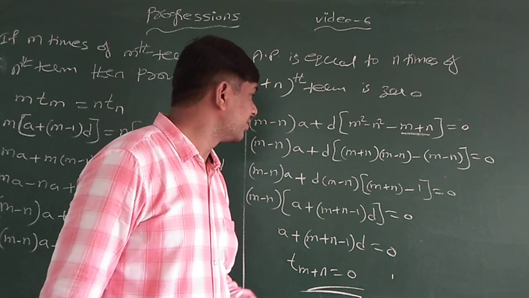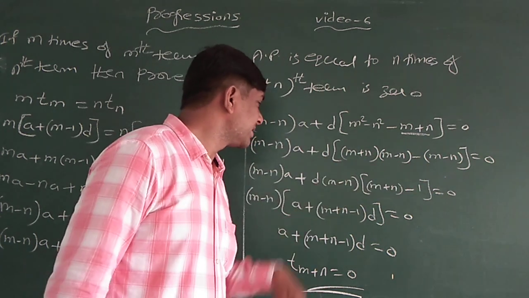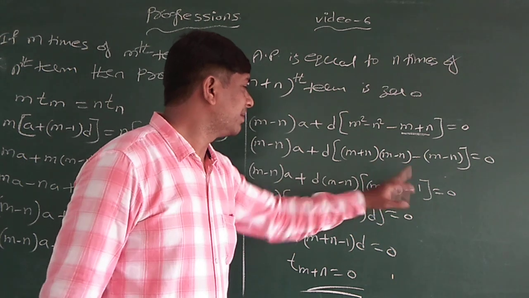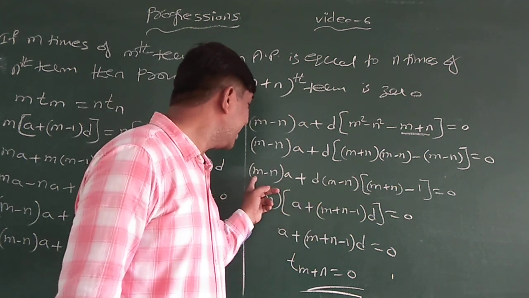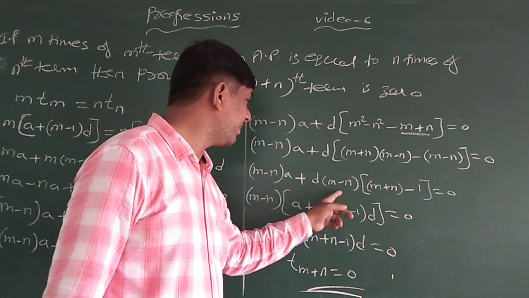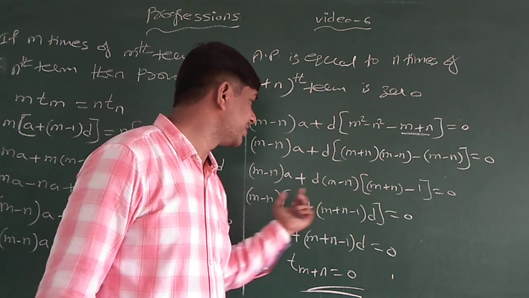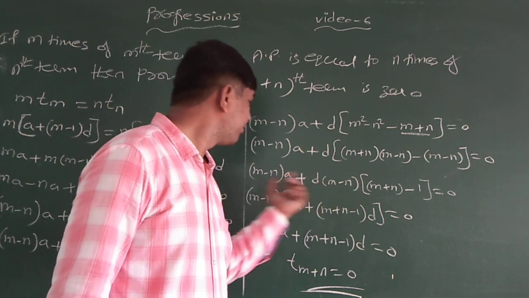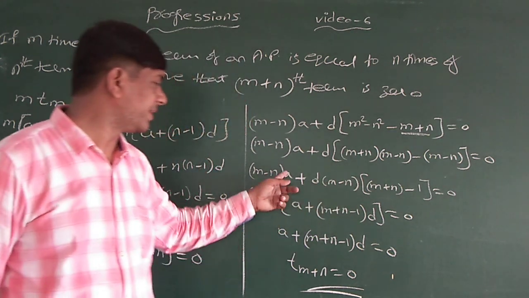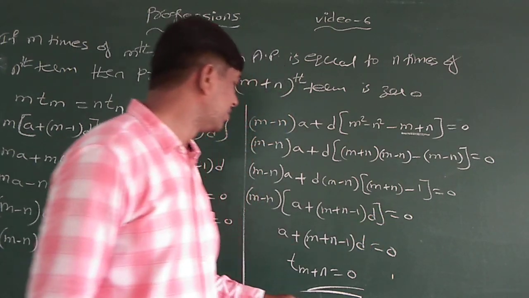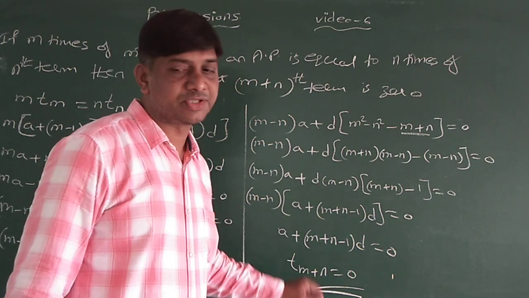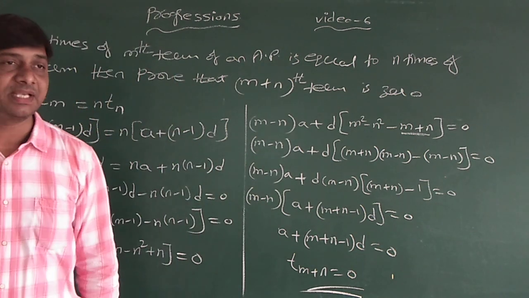From these two terms, if I take m minus n common, m plus n minus 1 is equal to 0. Now from these two terms m minus n I take common: a plus m plus n minus 1 into d is equal to 0. m plus n minus 1 into d is equal to 0 means that the (m plus n)th term is 0.